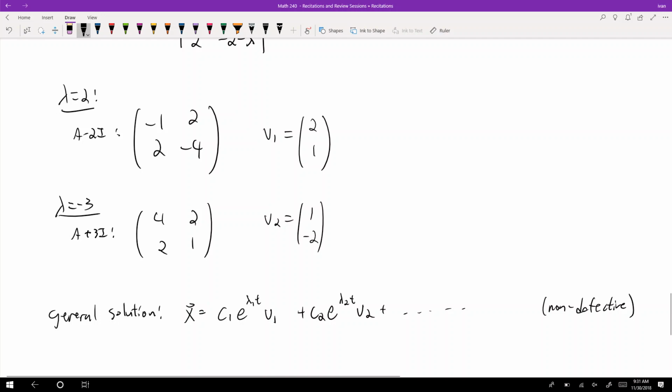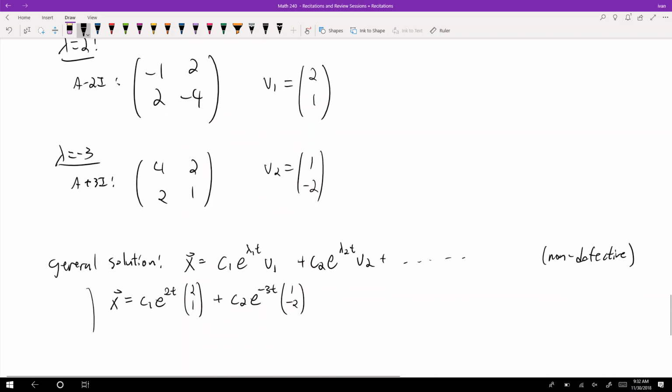So in our case, x is equal to c1 e to the 2t times the eigenvector associated with 2, so that's 2, 1. Then you add c2 e to the negative 3t times the eigenvector associated with negative 3, and that's 1, negative 2. That's the general solution.